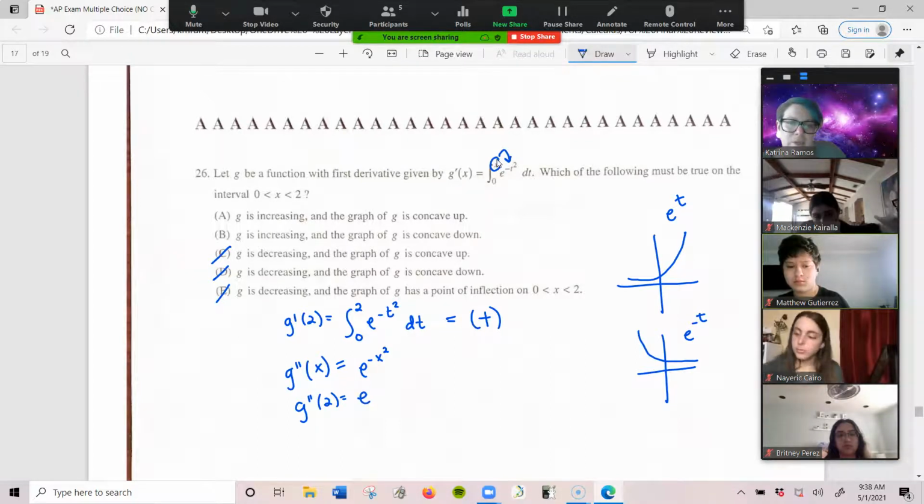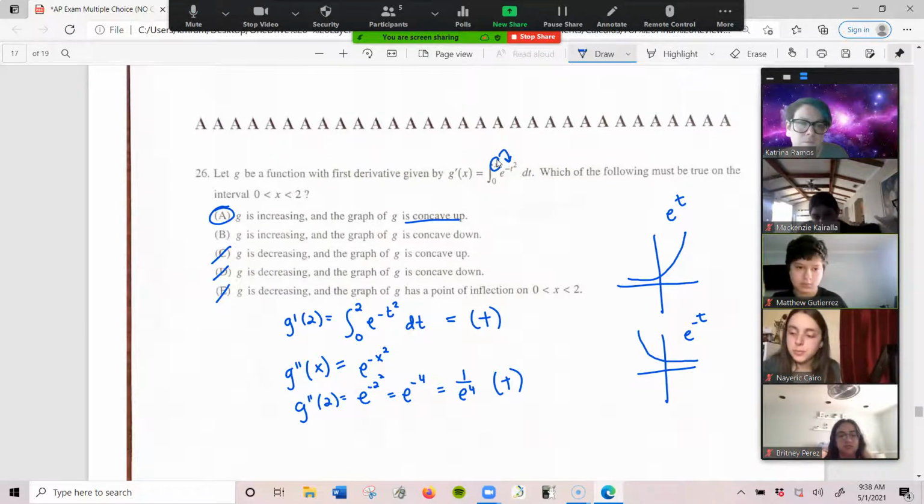We get e raised to the negative 2 squared, which is e to the negative 4, which just means 1 over e to the 4th because of that negative exponent. But even though it's a fraction and a very small number, it's still a positive number. You get me? So it has to be concave up. Okay.